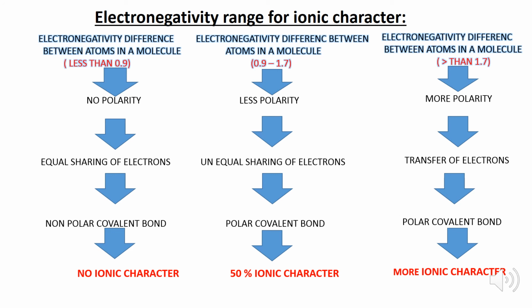Whereas if the electronegativity difference between the atoms in a molecule is greater than 1.7, then this molecule has more polarity, and there is more pulling of the electron pair towards the other side. This molecule is called a polar covalent molecule and has more ionic character as compared to the lower electronegativity difference.